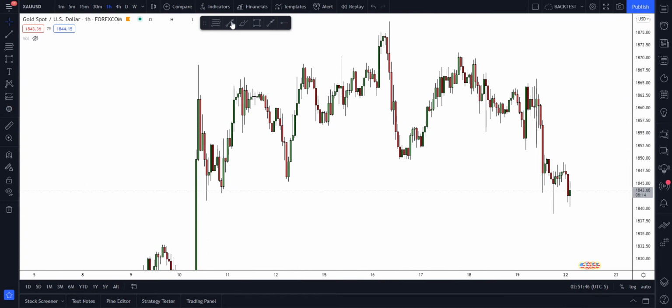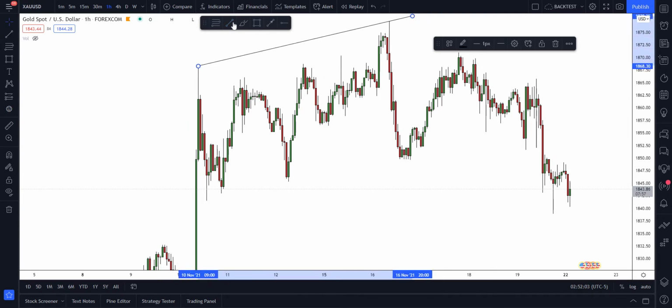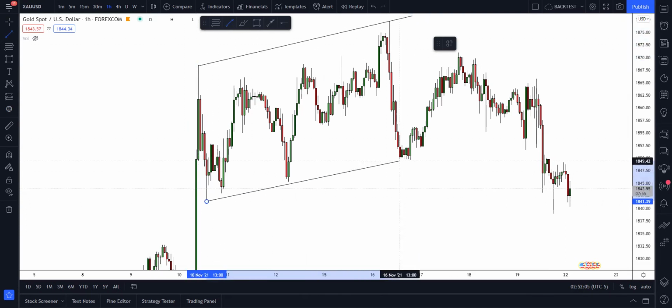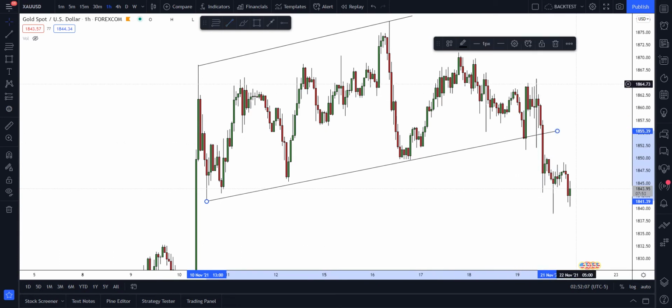If you saw my Instagram stories for the past few days, I said price is now in a channel, or a pattern that I noticed, which is the flag pattern, an uptrend flag pattern, which is this, right?